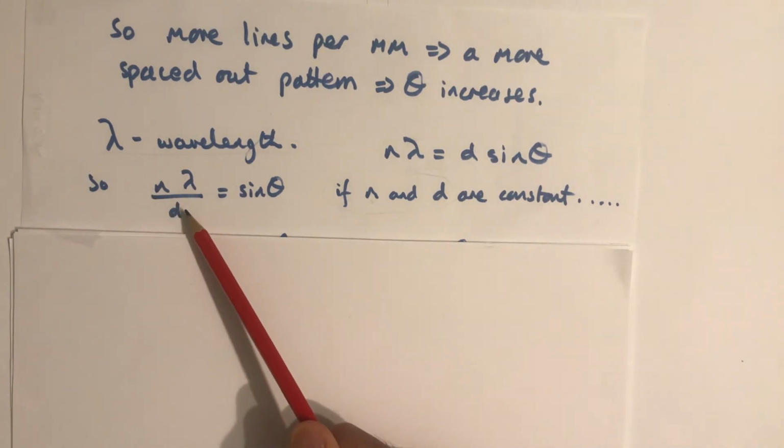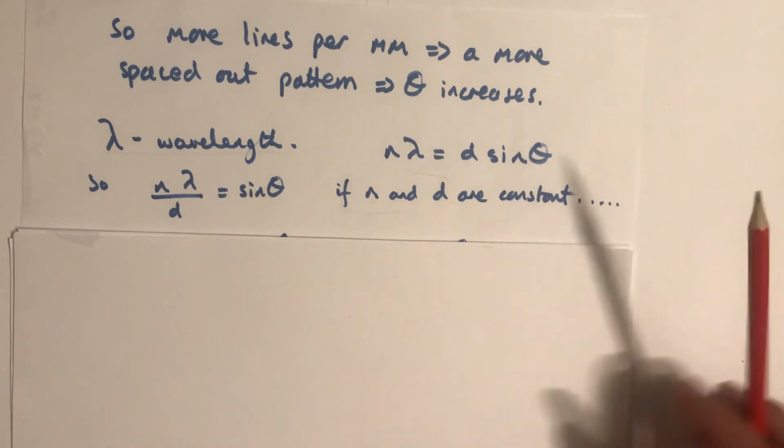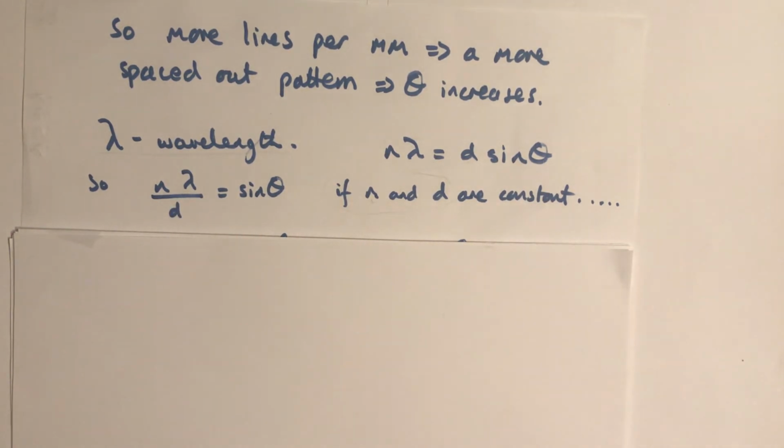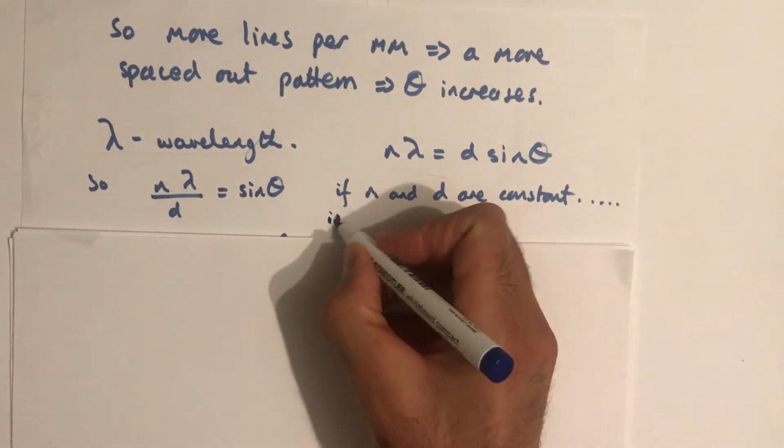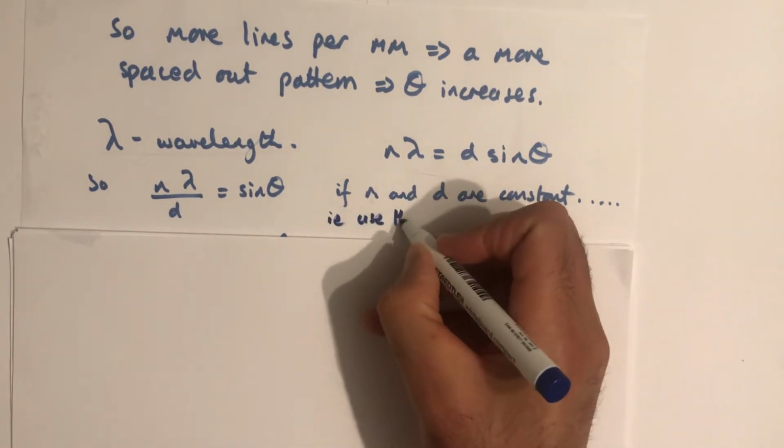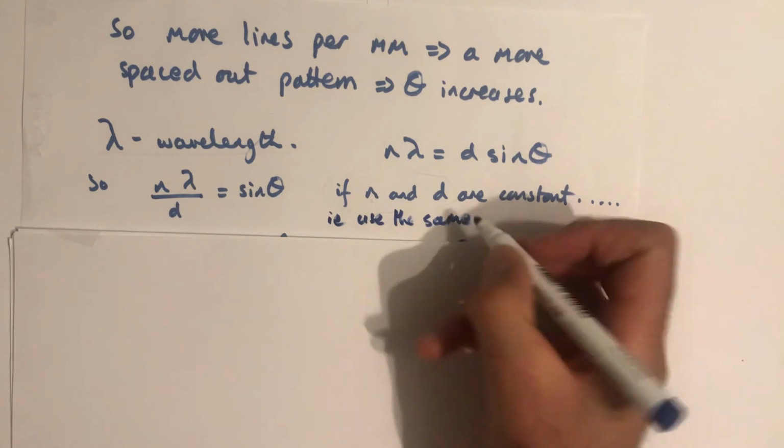If the d is constant, i.e. I use the same diffraction grating. So how do I keep the d constant? That basically means I use the same grating.